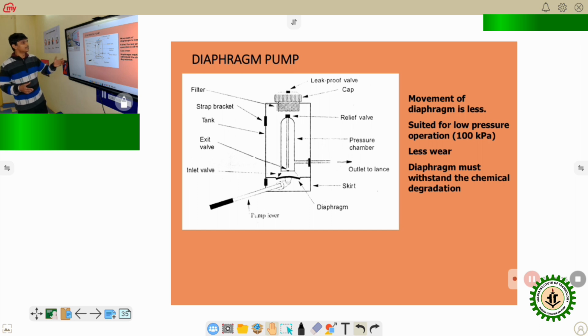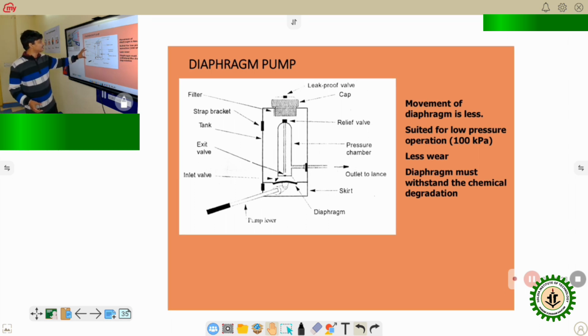This type of pump we use for distributing chemicals. Different components of this sprayer are presented here for effective distribution of the chemical in field conditions.